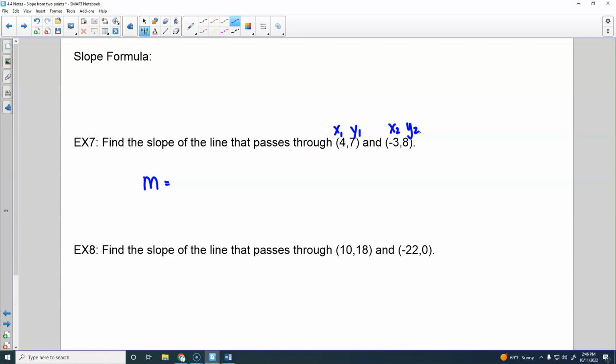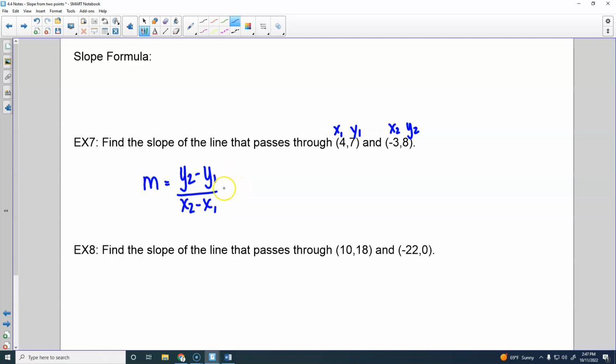What is important is that if 4 is our x1, 7 has to be our y1. Right? I couldn't call this x1, y2. Because remember, this means first x, first y. They go together. This means second x, second y. They go together. So my formula is y2 minus y1 over x2 minus x1.